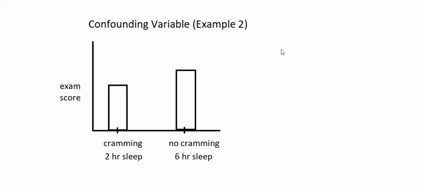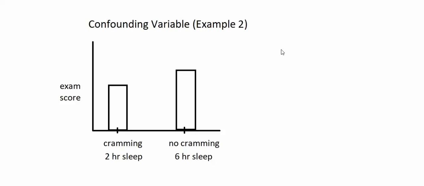So the researcher randomly assigns the participants to two groups, and one group is asked to cram 8 hours the night before the exam, let's say between 9 p.m. and 5 a.m. The second group is told to also study 8 hours, but to study 2 hours per day over a 4-day period and spread out their studying.